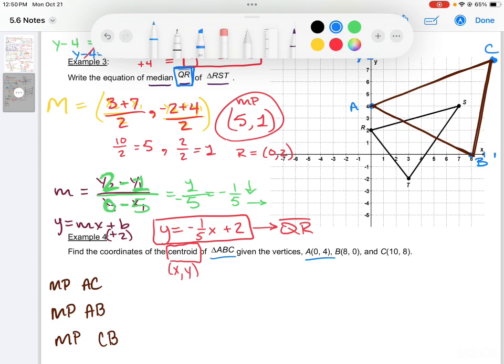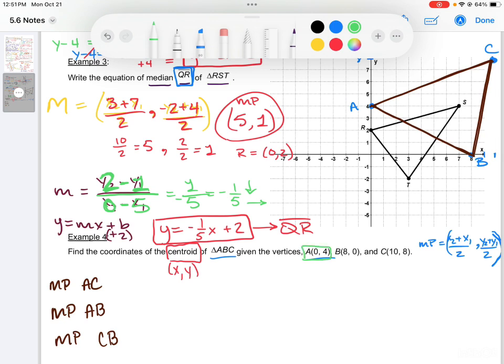Okay? So let's start with our midpoint formula, which is x2 plus x1 over 2, comma, y2 plus y1 over 2. All right, so I have to do that for all these points.